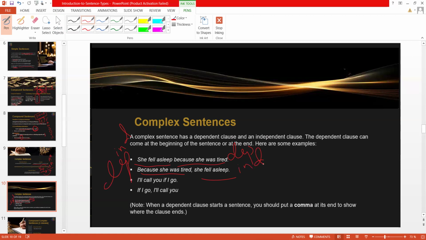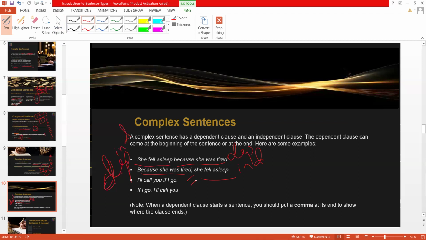I have told you again, but I'm repeating it so that you'll remember: if we want to write a dependent clause first, we should insert a comma. And why are we placing this comma? So that the reader, not specifically the examiner, can understand. Whatever we are writing, it could be for anything.